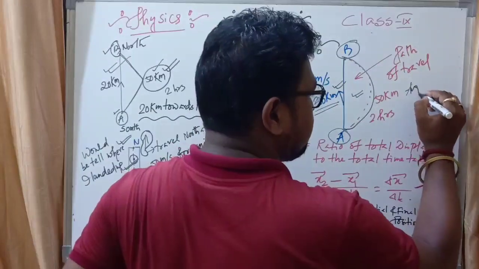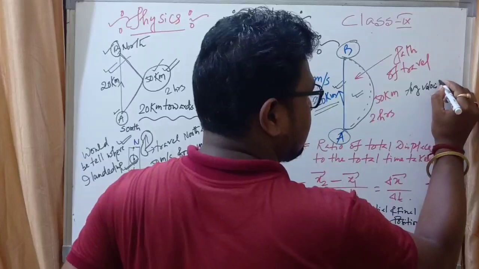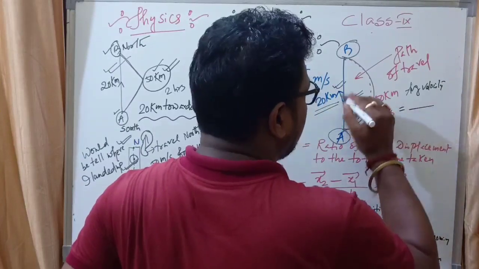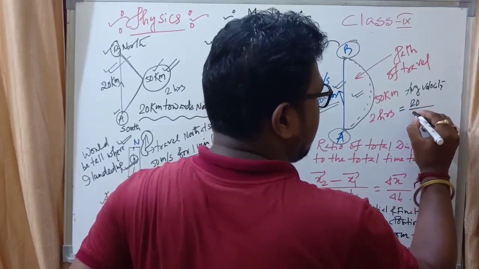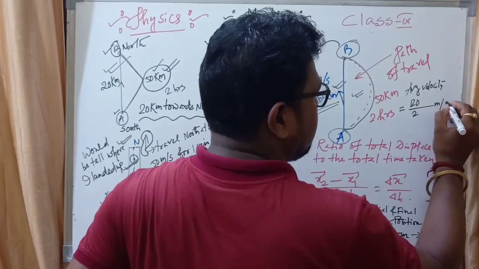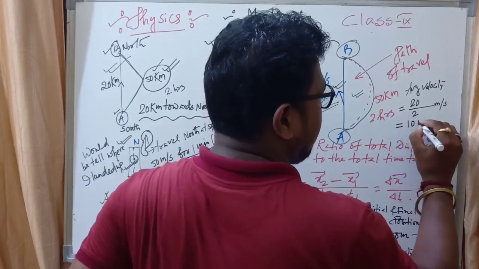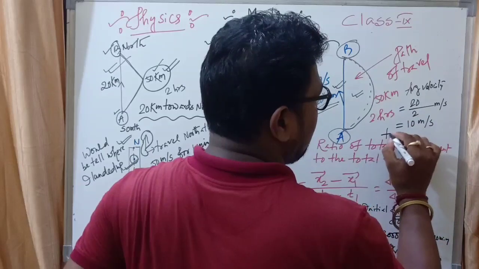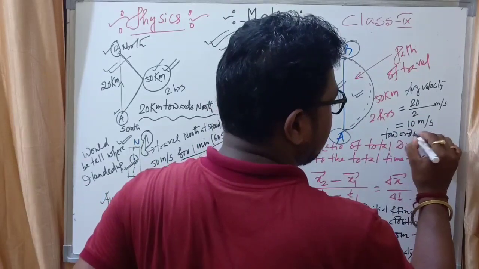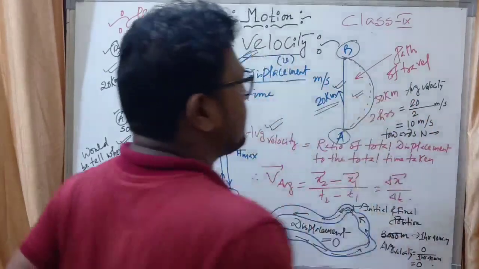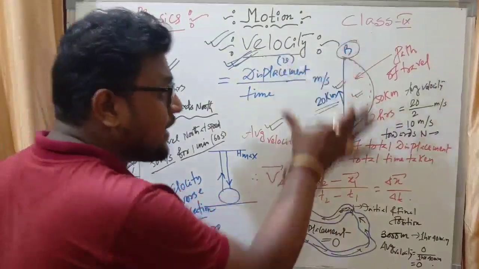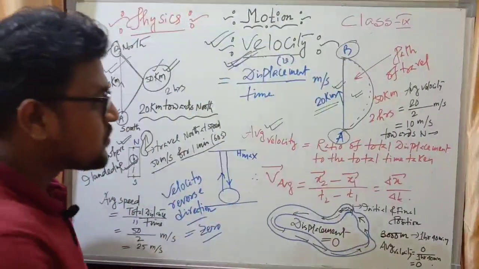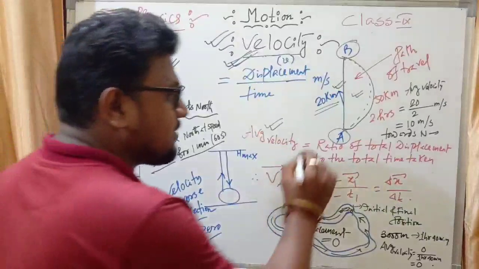If we find out the average velocity, it will come 20 by 2 meter per second, that is 10 meter per second towards which direction? North direction. That means here direction is mentioned. So what is average velocity?